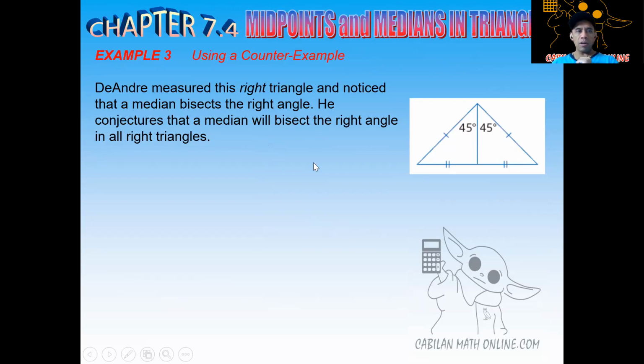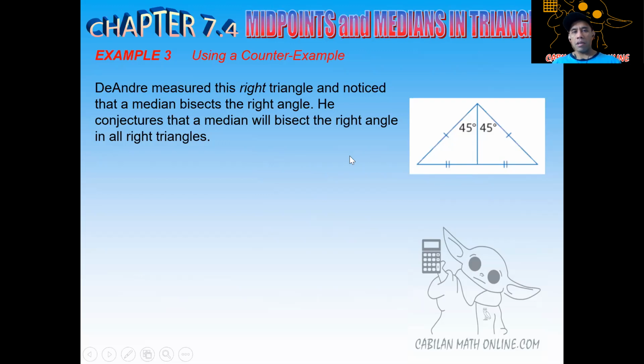And he noticed that a median bisects the right angle. Remember, a median is a line that extends from one corner, in this case the top corner, to the other side, and it cuts that other side into two equal parts. So notice that we have a correct diagram.